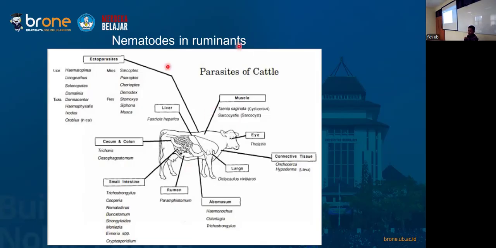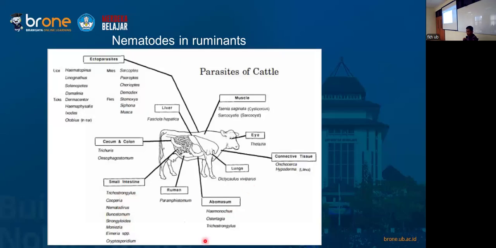In the ruminant, I will give you Trichuris or Oesophagostomum in the cecum and colon as their predilection site, and the small intestine. This one, without Moniezia, Eimeria, and so on. Only 5.